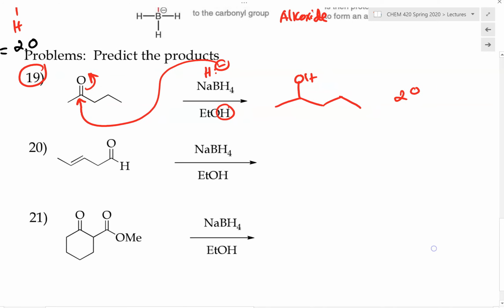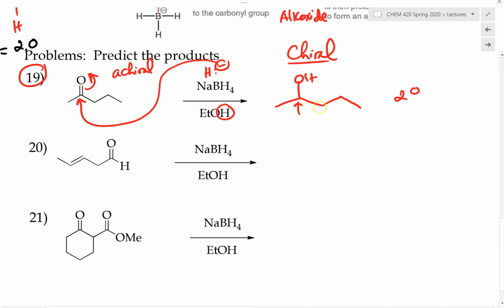And now, note the following. This is something that's very important. Let's now talk about the stereoselectivity. In the course of this reaction, we go from this molecule, which is achiral, to now producing an alcohol that is chiral, because this is a chiral center. And because this molecule is now chiral, it is important for us to specify its stereochemistry.